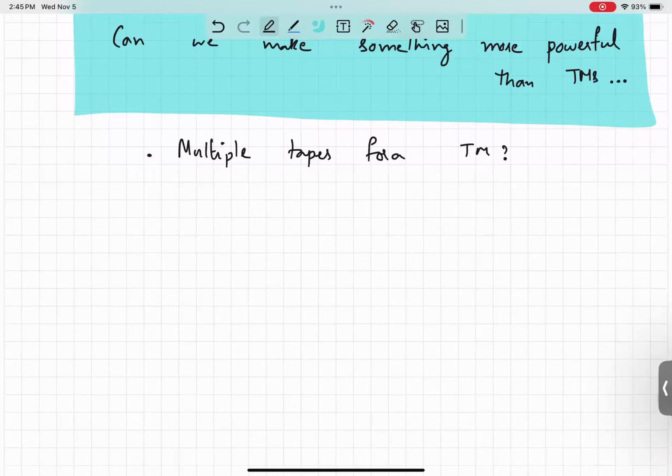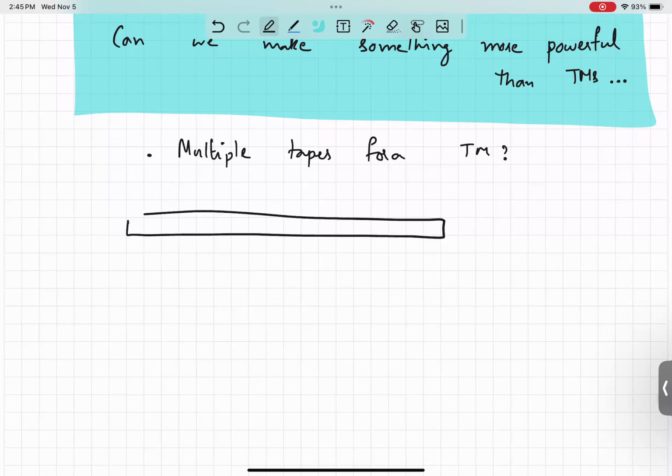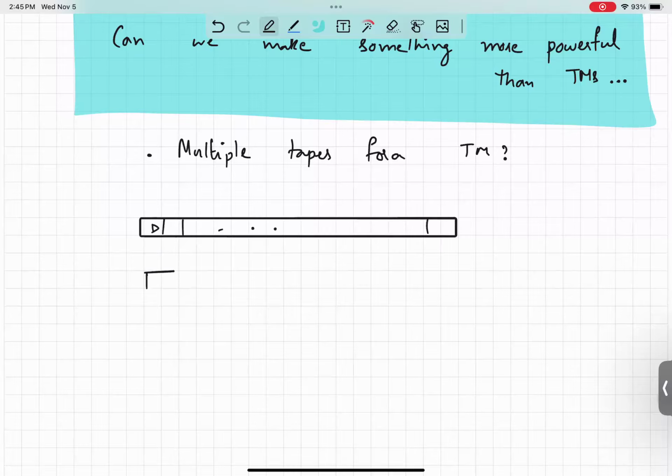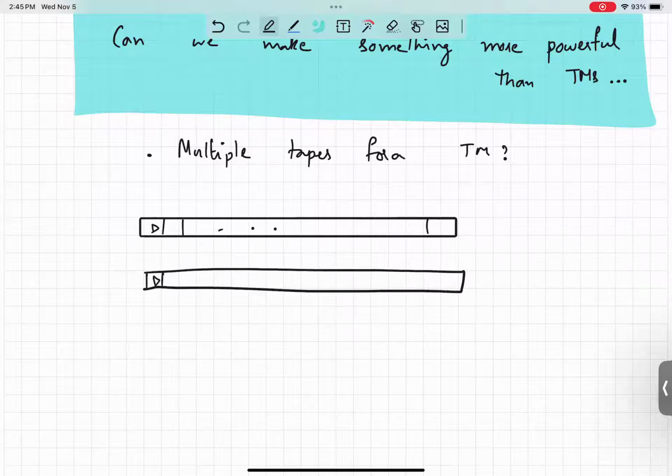So what does multiple tapes mean? Let me do a 2-tape version. There are 2 tapes. Basically, instead of having 1 array, you have 2 arrays. That's it, right? And on the first array, you have the input loaded. And the other array, you just have empty to begin with.